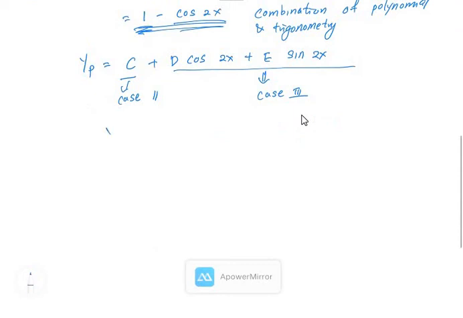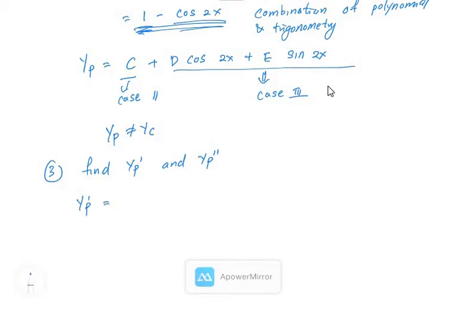Therefore, yp is not the same as yc. Then we can proceed to the next step, that is to find the yp prime and yp double prime. Based on the yp here, you can find the yp prime. Based on this one, what can we get?